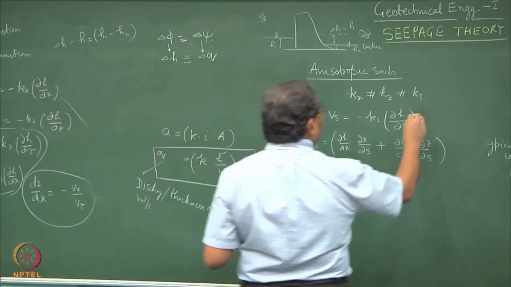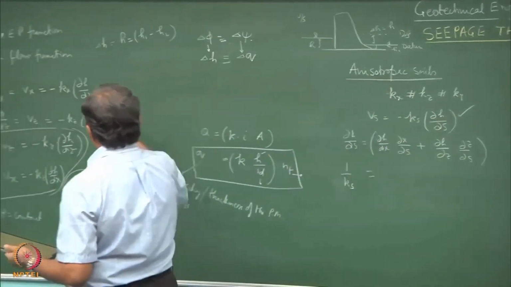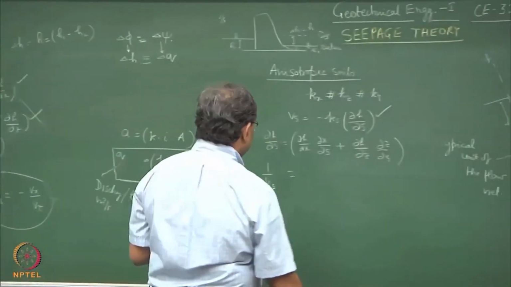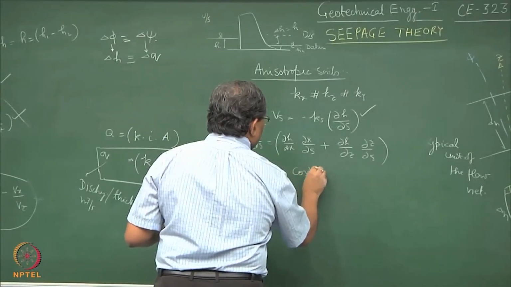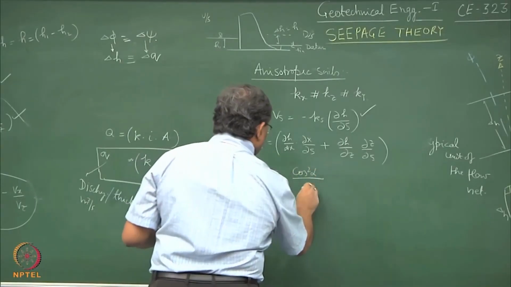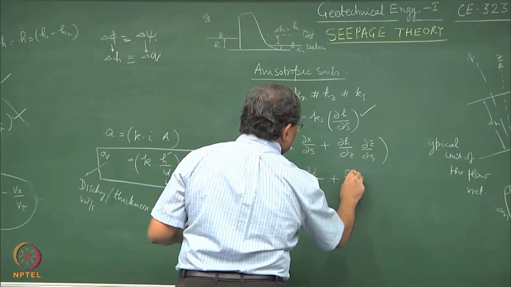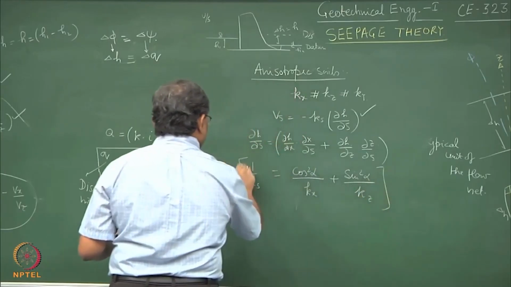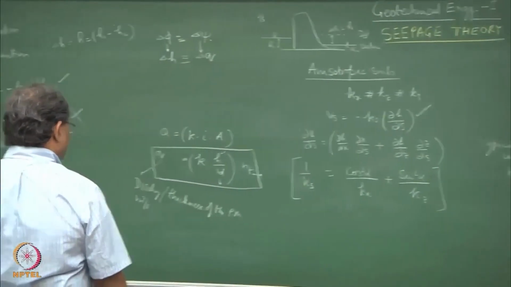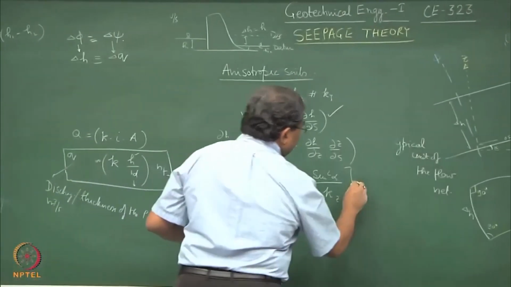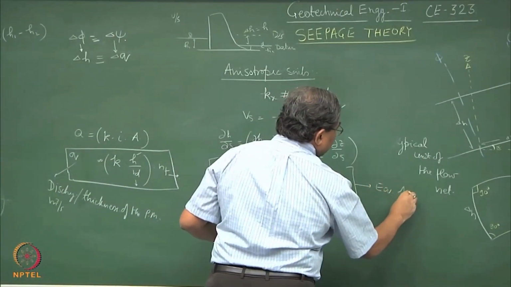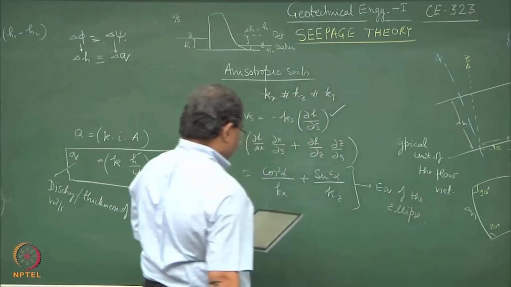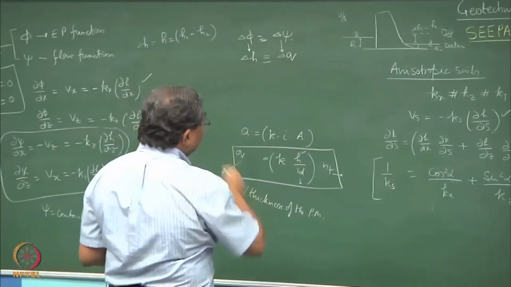If you substitute V s term, V x term and V z term, you can show this to be equal to cos square alpha upon k x plus sin square alpha upon k z. I hope you can realize that this is the equation of the ellipse. All right.